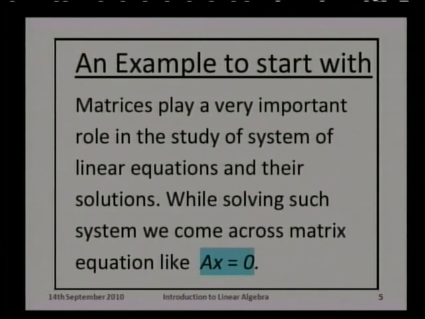Matrices play a very important role in the study of system of linear equations and their solutions. While solving such system, we come across matrix equation like Ax equal to 0.